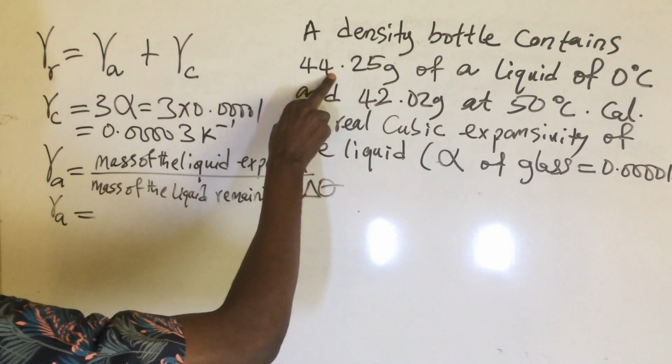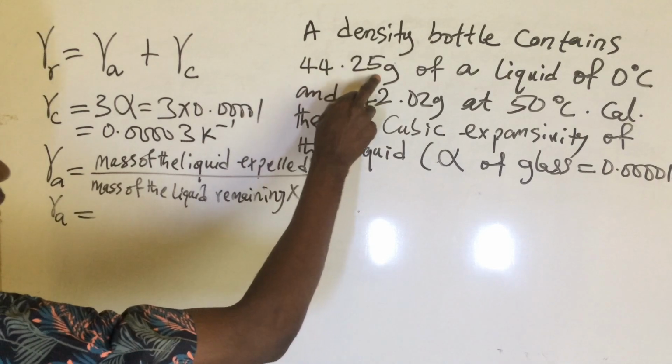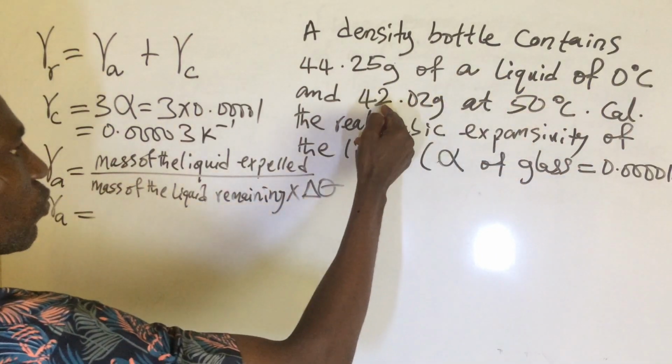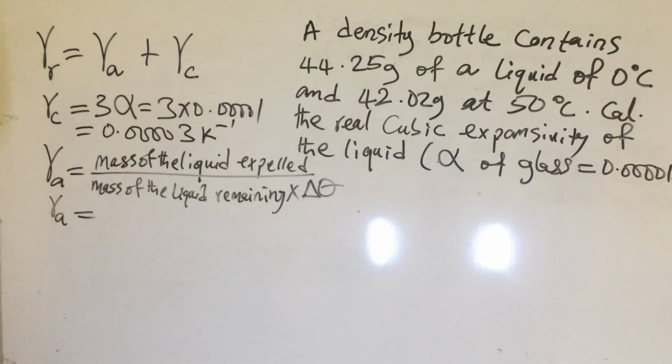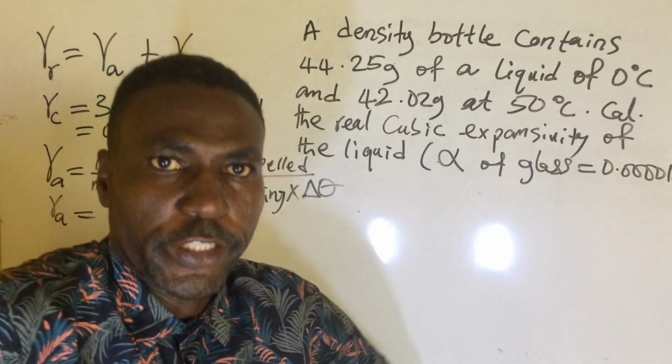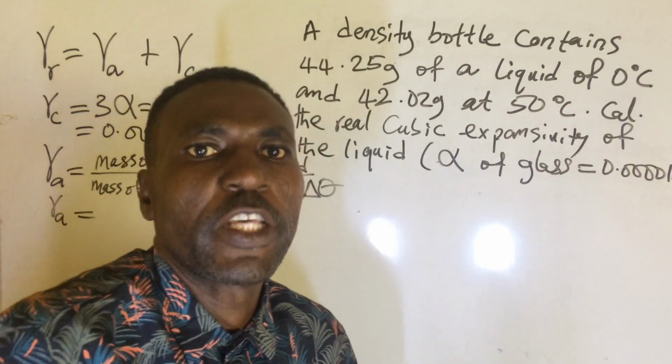The liquid initially is 44.25 at 0 degrees Celsius, and when we heat it to 50, some liquid is expelled from the container because the volume has increased due to the increase in temperature.